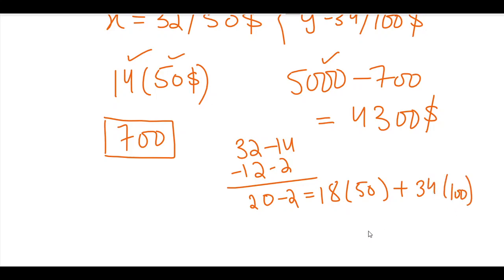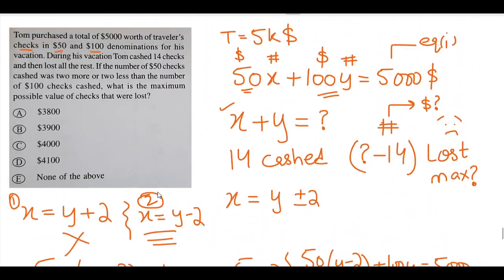It's just going to give me the same thing in my opinion. 18 times 50, 900, and 3,400 plus 3,400. It's again giving me the same thing, man. So why is the answer not even there?